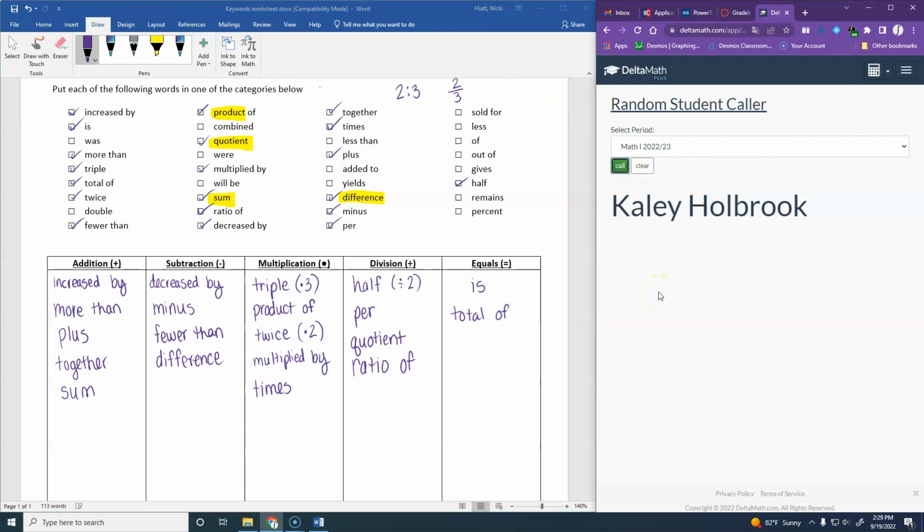All right, Kaylee? Yes. Usually, depending on, it's usually going to be subtraction.